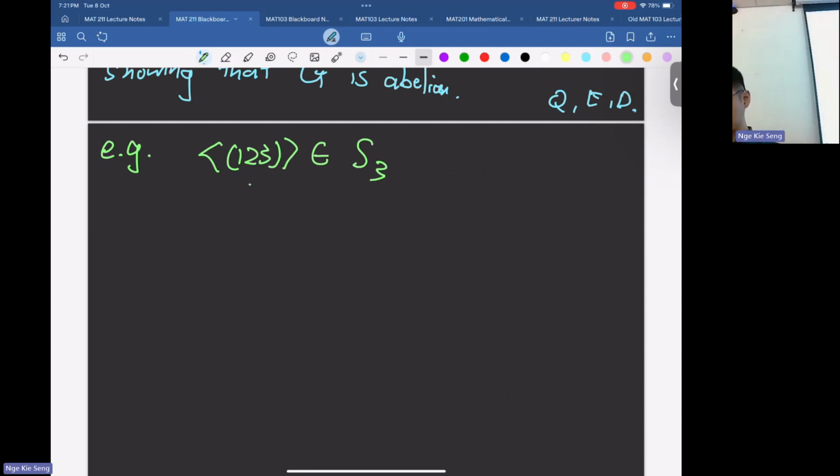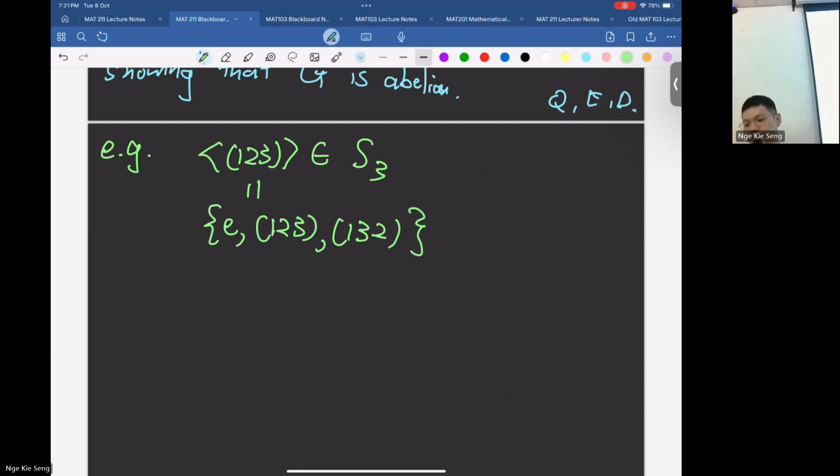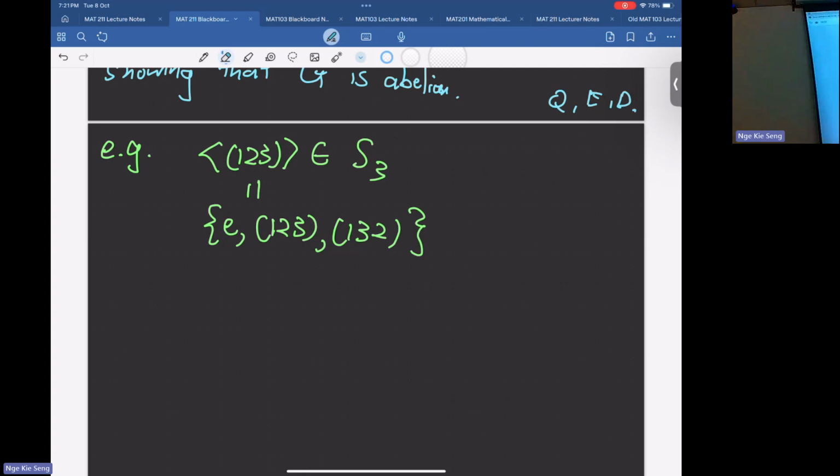I think this group contains the identity, (1 2 3) and (1 3 2). Seems quite trivial in this case, because they are inverses of each other. Already commutative. Maybe look for a larger one.